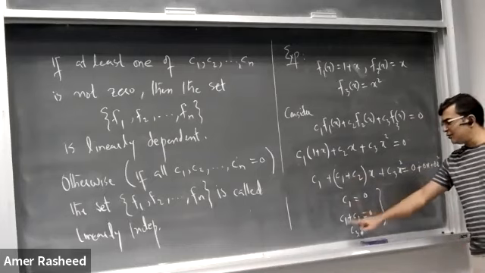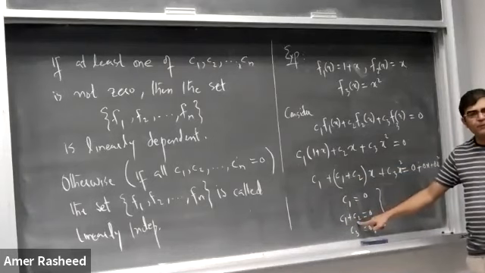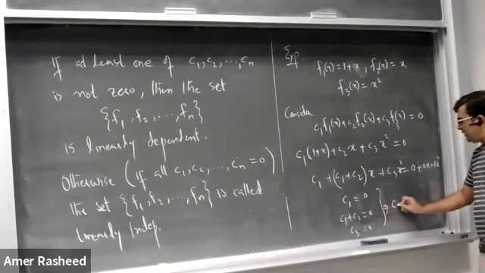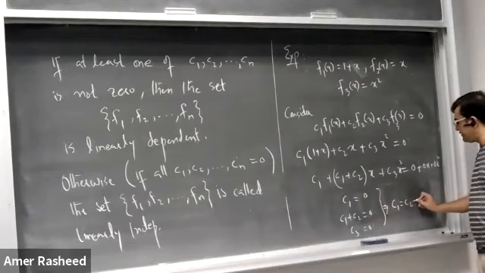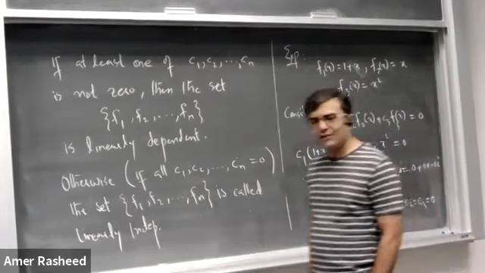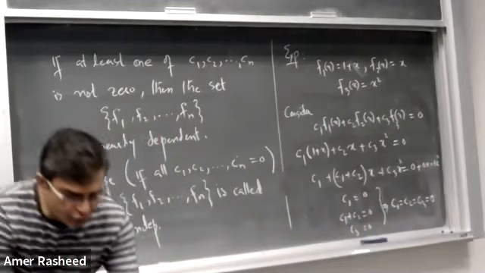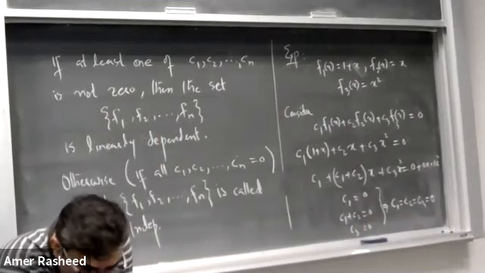If C1 is 0, we put it here equal to 0, then C2 also becomes 0. So C1 is 0, C2 is 0, C3 is 0. We cannot find any appropriate values of C1, C2, and C3 which are not 0, but convert the given expression into 0.